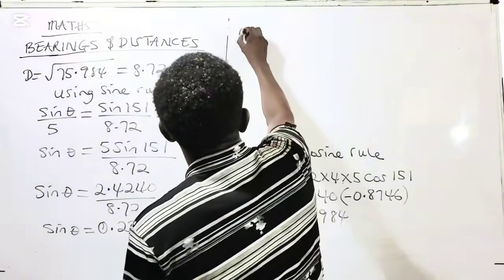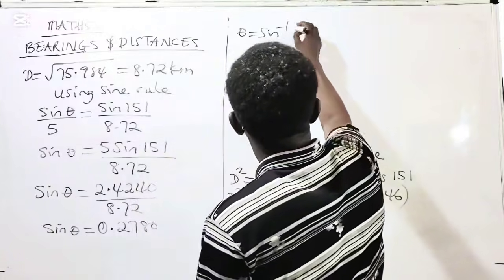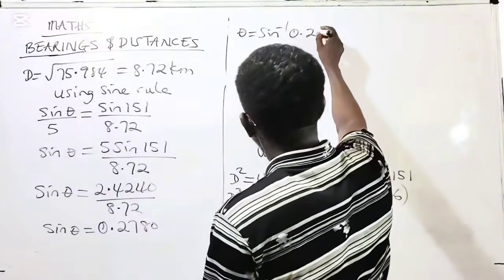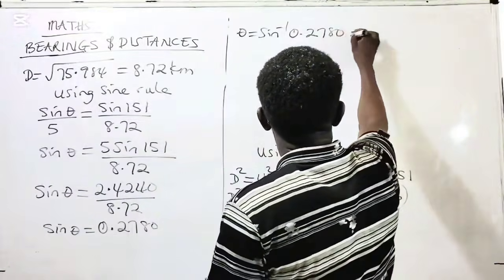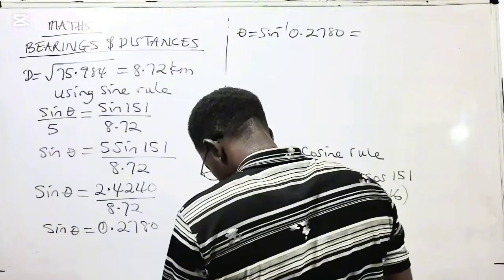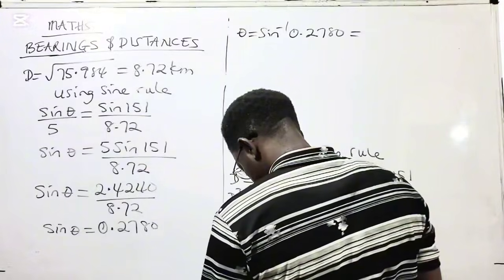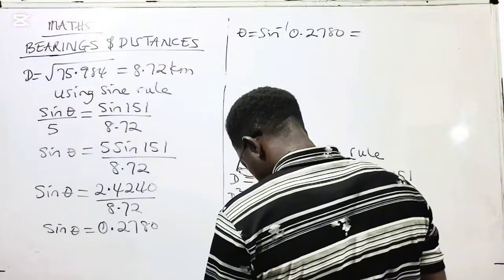So theta will be equal to sine inverse of 0.2780, that is 16.14.